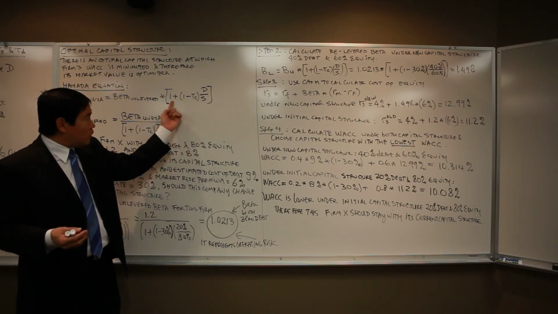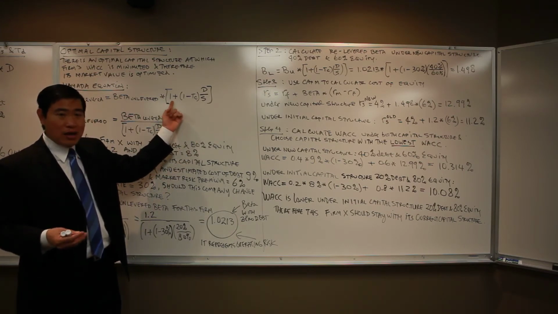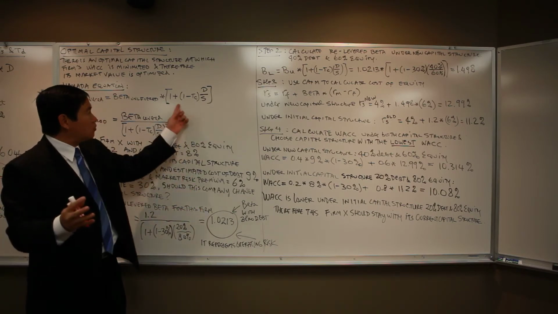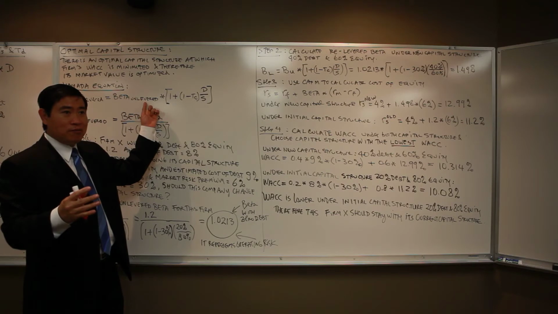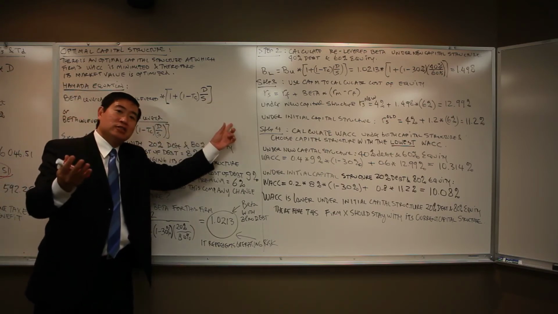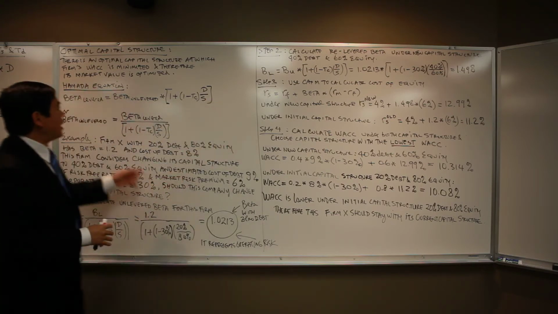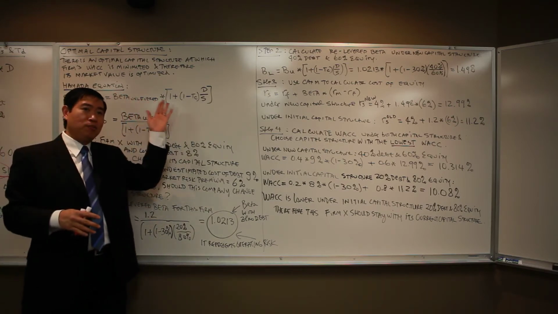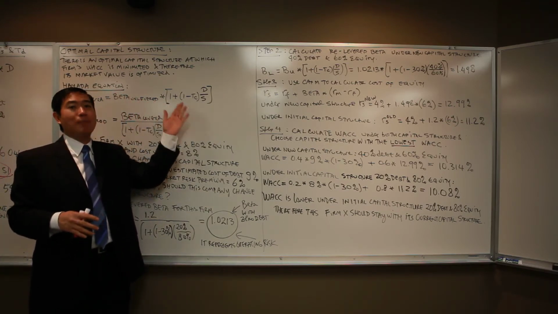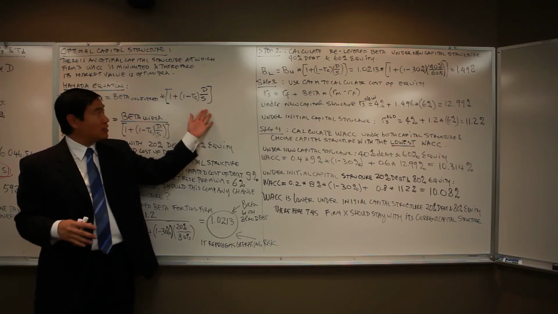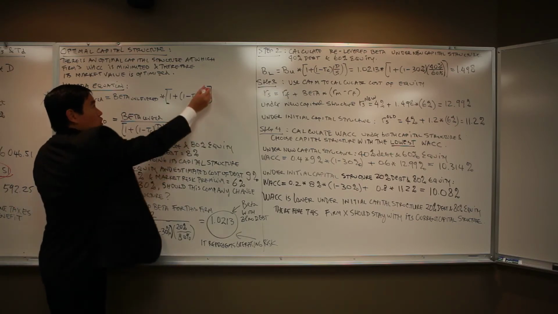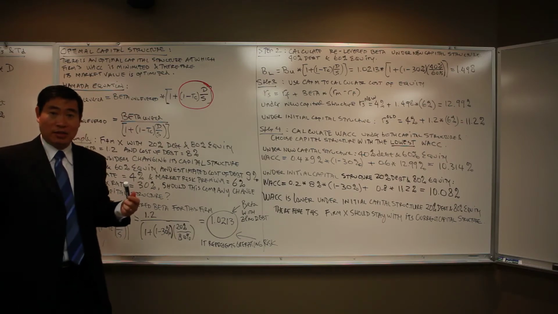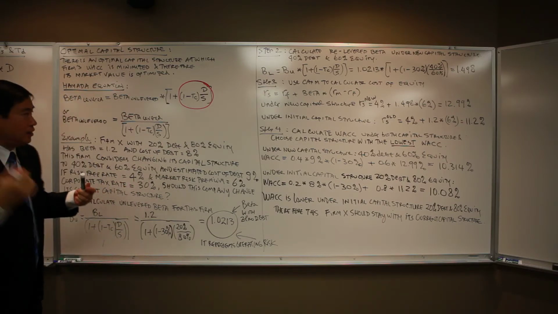So the beta unlevered multiplied by 1 is the risk of the firm without debt, plus the beta unlevered multiplied by the after-tax debt-to-equity ratio, right? This comes from the Modigliani and Miller with corporate tax that we discussed in the second theory.